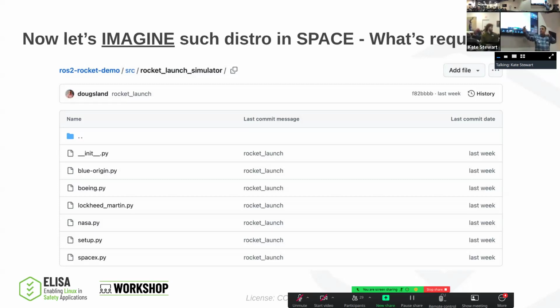Every single vendor here can use this class as a base and then implement their specific methods for that rocket, whether they have a payload or not, or are going back home or not. It's specific to them. So if we do this as a framework together, as we are planning here, then maybe this is a good start.